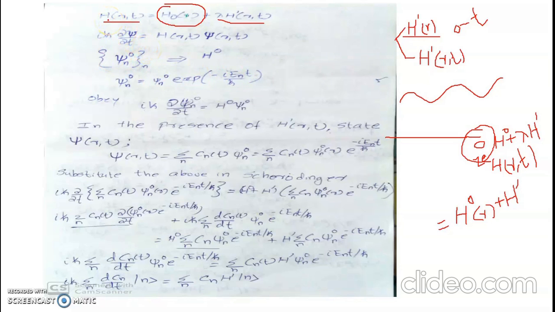So we have a Hamiltonian that has a time dependence, and this time dependence arises exclusively via the perturbed part of the Hamiltonian.